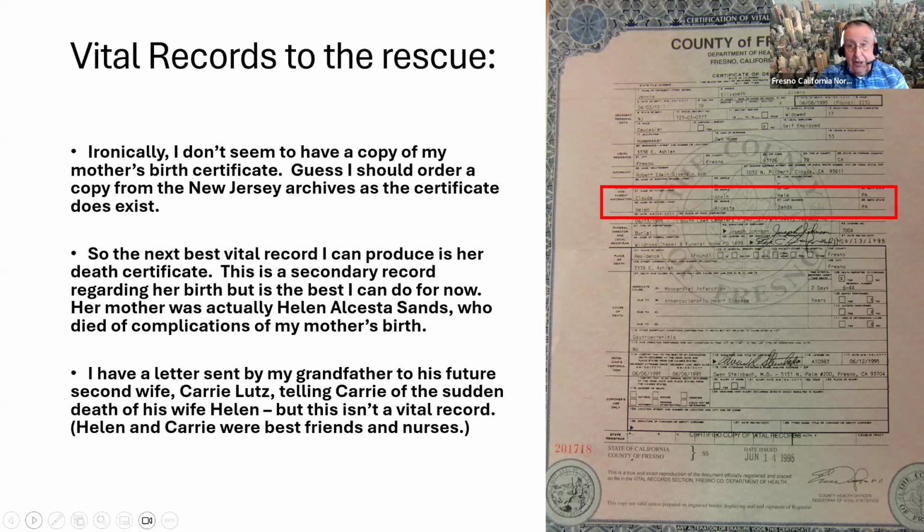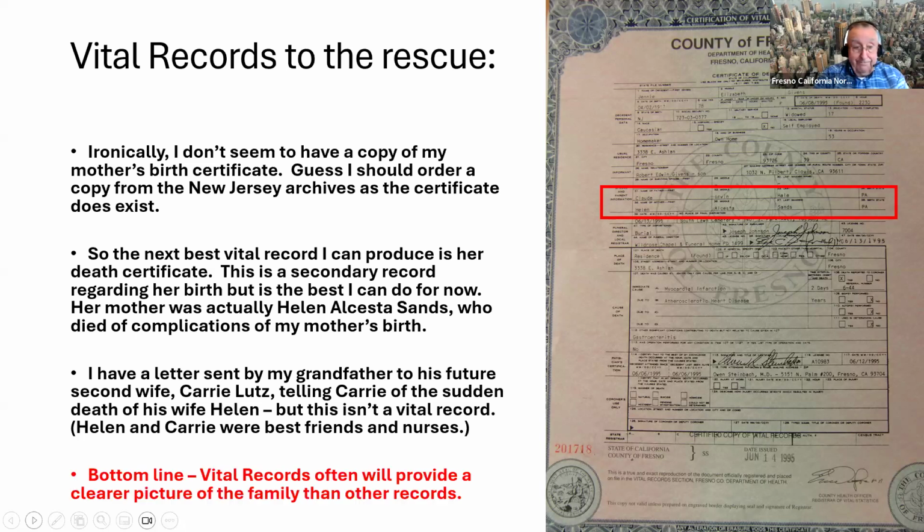My grandmother died from childbirth when my mother was born. And it was interesting that Helen and Carrie were very best friends. They were both nurses. And after his first wife, Helen, dies, Claude turns around and marries her best friend, Carrie, so that he has somebody to raise my mother.